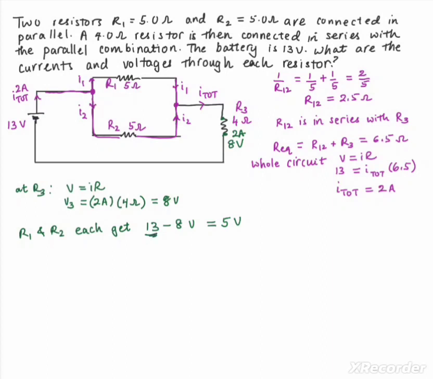So this 13 is the total, and this is how much R3 got. So why do I say they each get 5 volts? We know the R1, R2 blob is getting 13 minus 8, which is 5. Now if you think back, because R1 and R2 are in parallel, resistors get the same voltage. So R1 and R2 together get 5 volts, but because they are in parallel, each one also gets 5 volts.